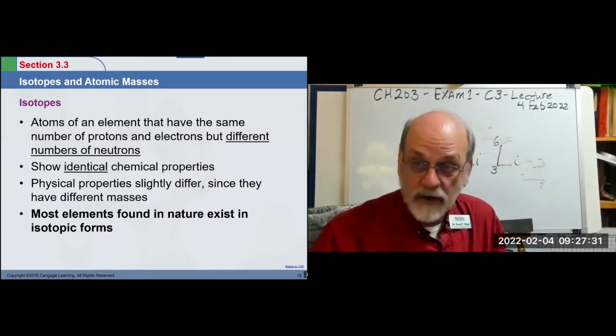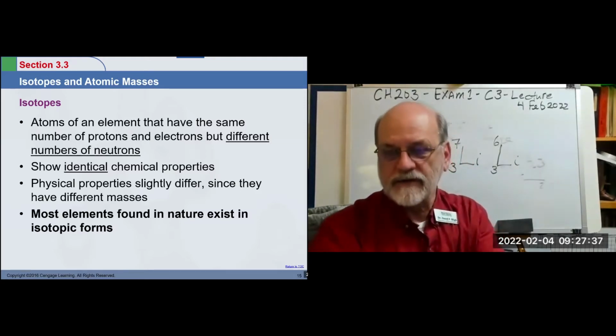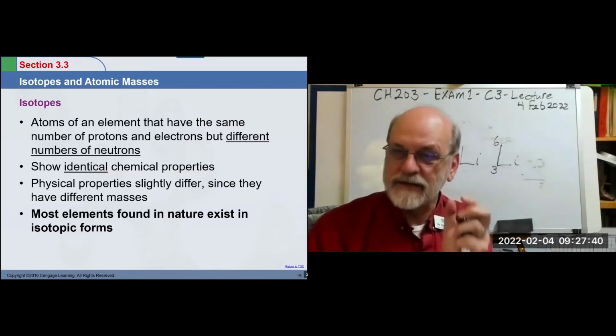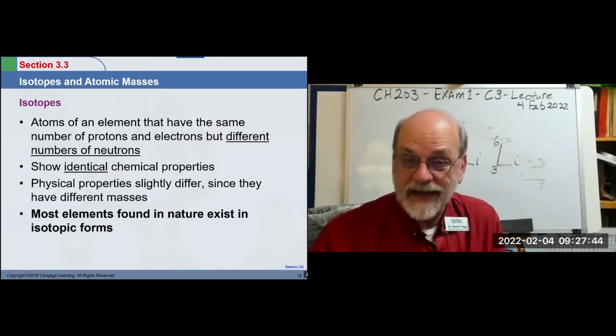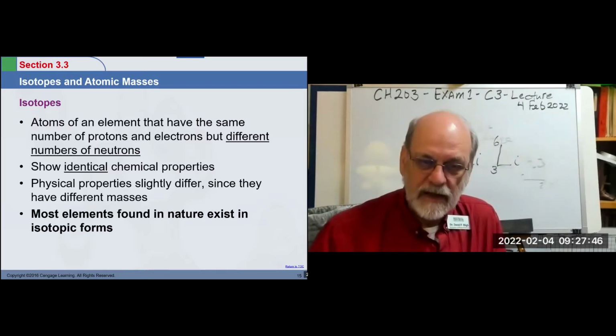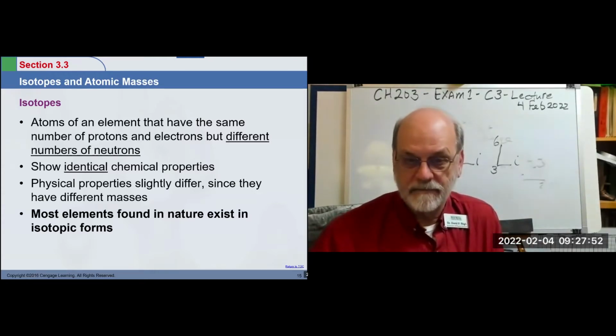They have identical chemical properties, so they cannot be separated chemically. That's why it's still a pure substance. Even though the individual atoms have slight differences, their chemical properties are the same. Their physical properties are a little bit different, simply because they have different masses.